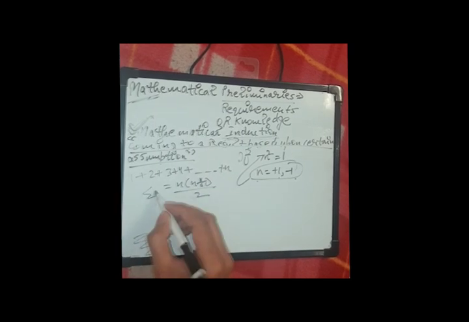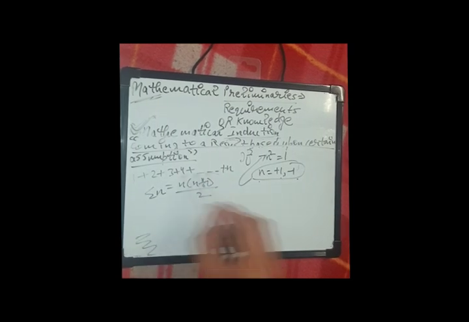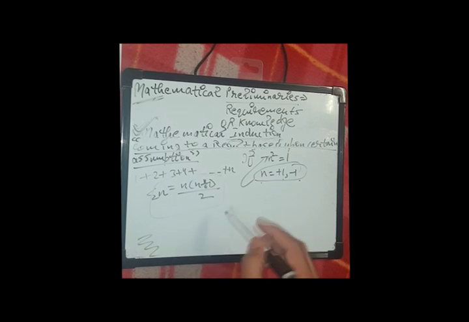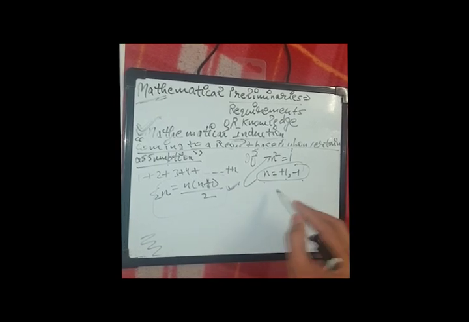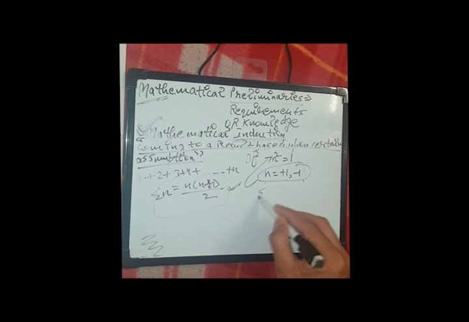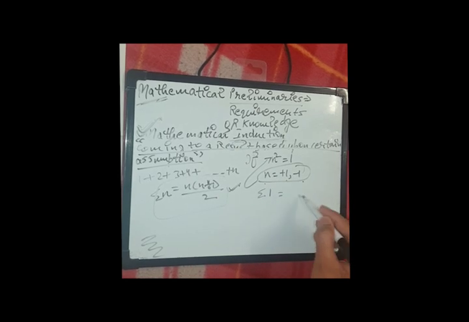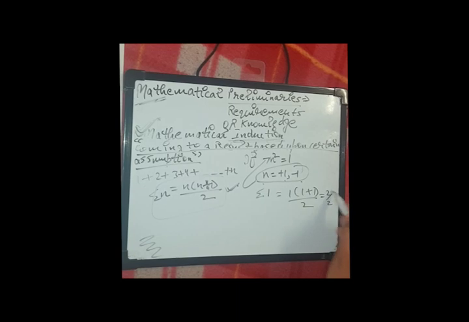Yes, so the summation is n into n plus 1 by 2. We can verify this formula for n equal 1: the summation of the first one natural number, it's funny to say, is 2 by 2, that's 1.